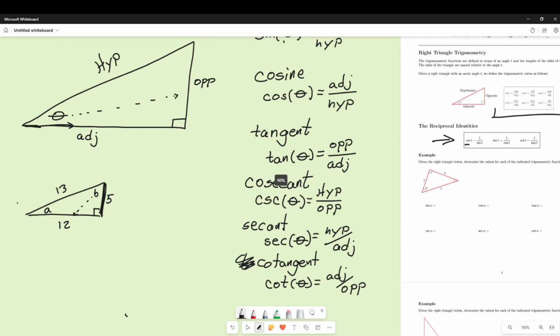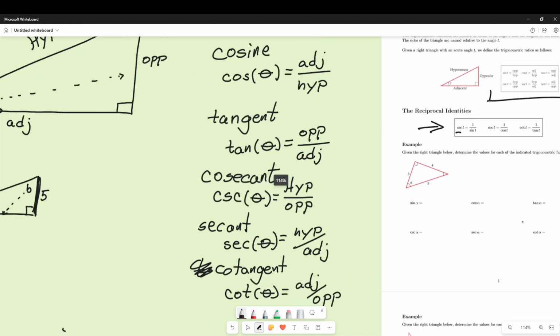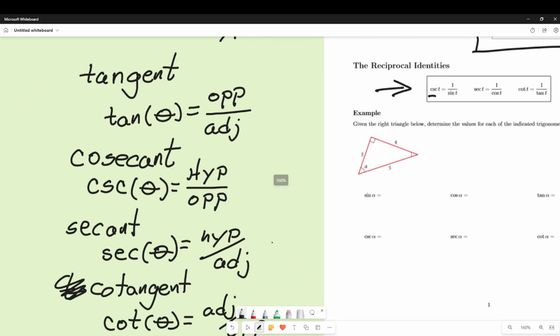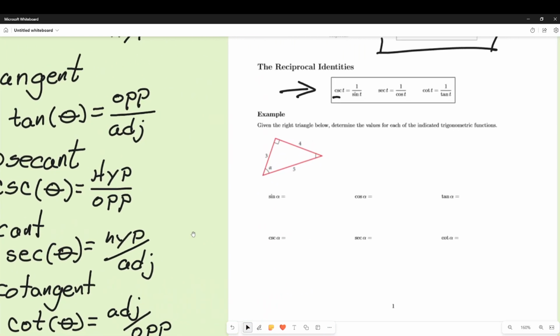So if we dive into your notes here, we're given a triangle. We're told it's a right triangle because it's got this right angle symbol in it.